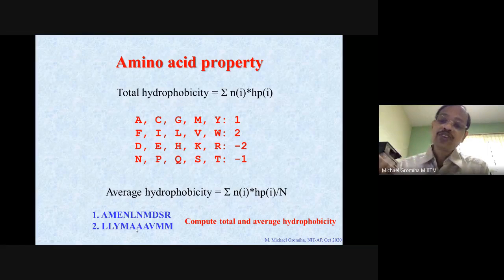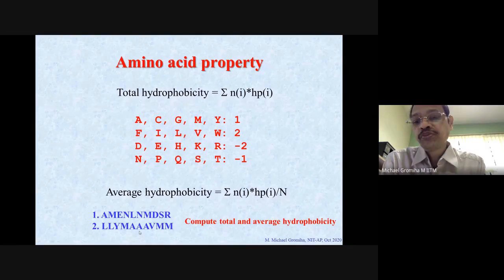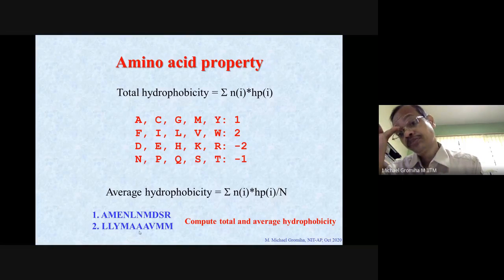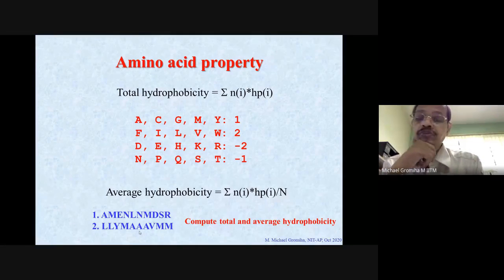So what can you tell from these numbers? What's the meaning of these numbers?